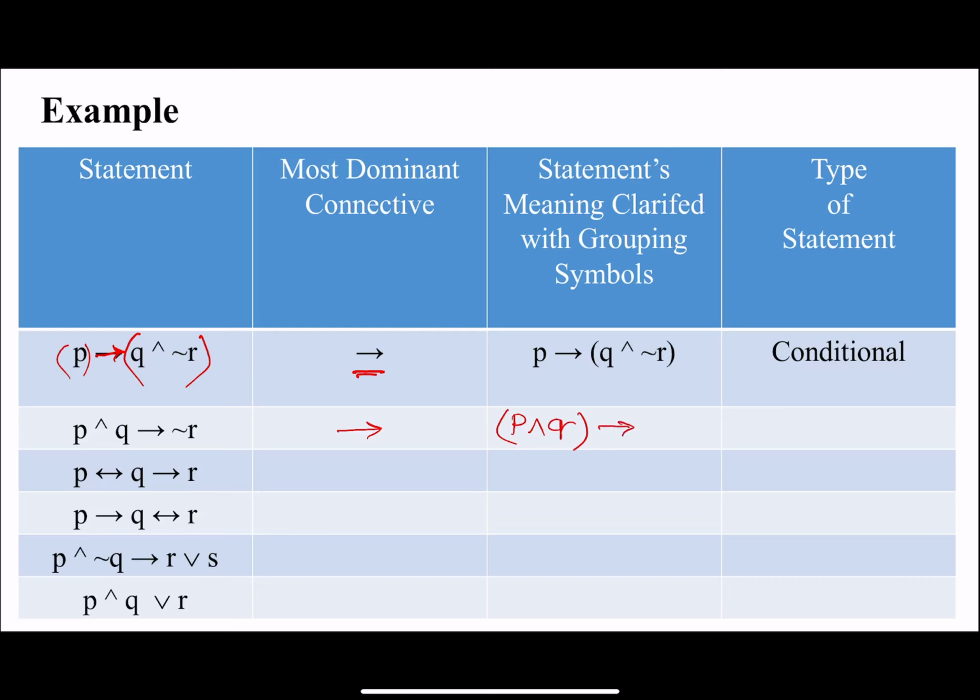Whatever you have after is another group, so not R. Well, not R is just one statement. Guys, if you want, you can put parentheses. If you don't want, just leave it. It's just one statement, right? Not R. Okay, so here we go. What type of a statement do we have? The most dominant is conditional. So we have a conditional statement.